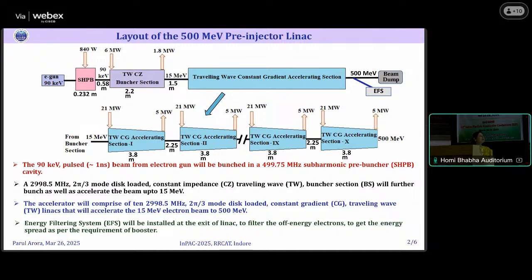Then we'll have a traveling wave constant gradient accelerating section, which has 10 similar structures of 2998.5 megahertz, 2 pi by 3 mode, disk loaded structure. Finally, we'll get the energy of 500 MeV in 10 sections. After the structure, we'll have an energy filtering system. This is required because it will scrape the off-energy electrons so that we can get the required energy spread in all the modes.